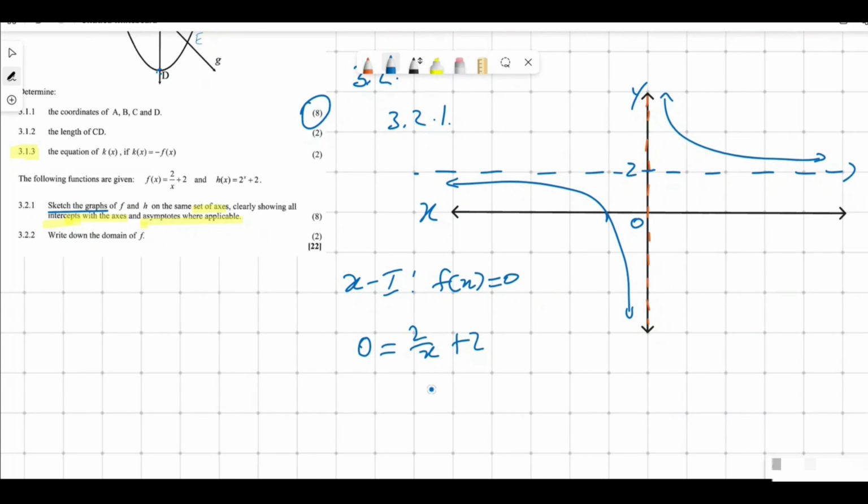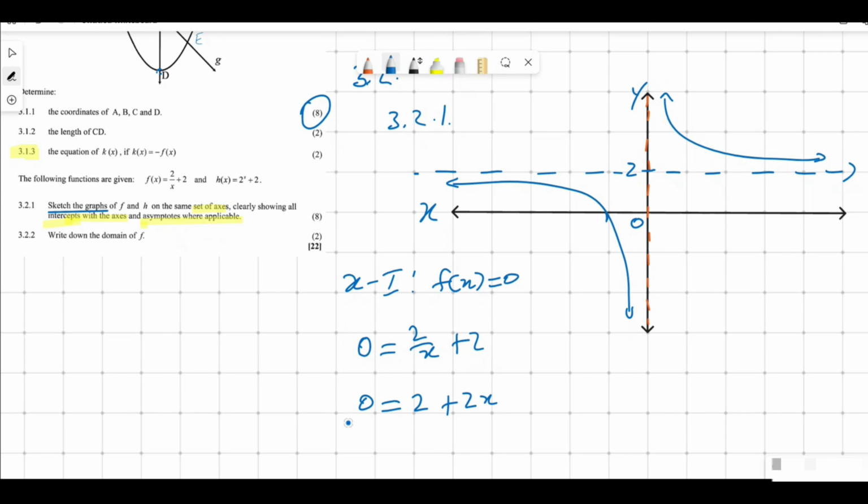If you can still remember what I showed you, I think it was last week, if not Sunday. You multiply each term by x plus 2, which gives you 0 equals 2 plus 2x, or you can just transpose that to the other side and then do the cross multiplication.